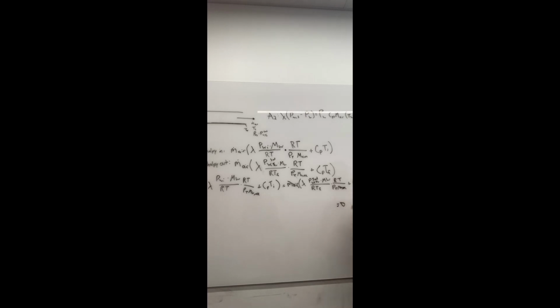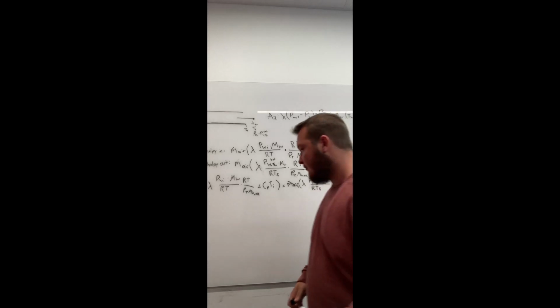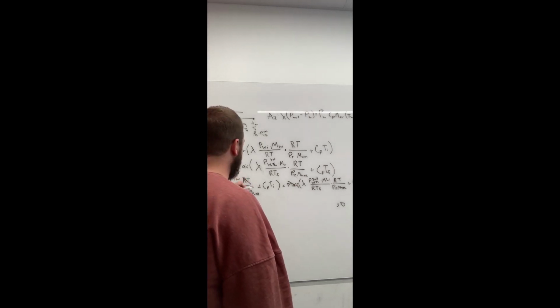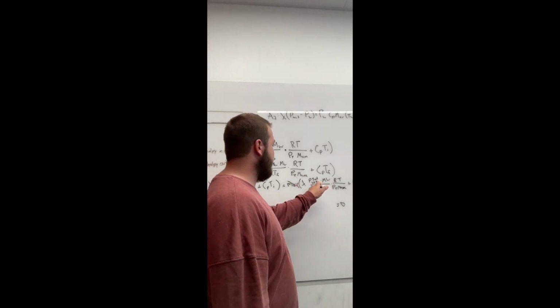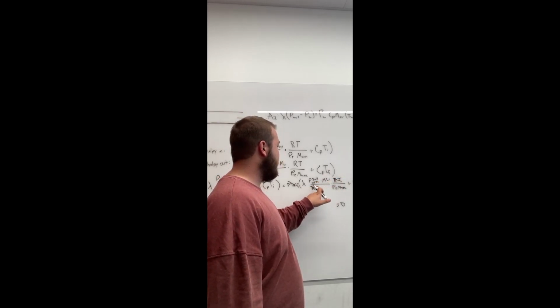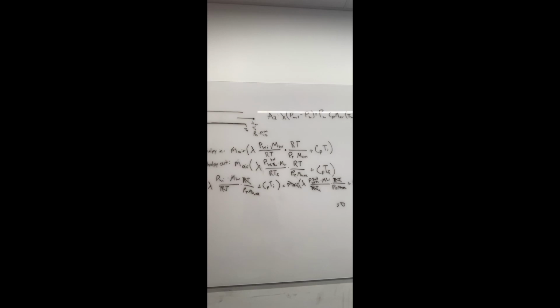So I'm going to move all of these over, and then I'm going to match the terms that are next to each other. I'll just cancel these out while I'm doing it. Same thing over here. And then I'll be left with similar terms.